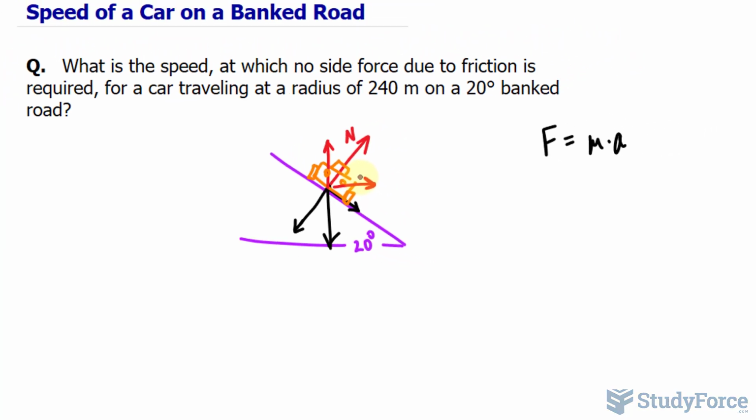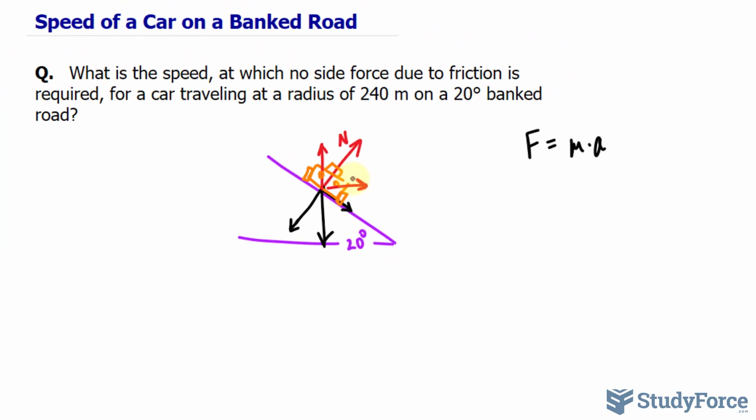Now, in order for this car to stay still at this particular radius and at this angle without a force due to friction, two things need to be met. The first thing is that the force due to gravity must equal the upwards force of this normal vector.